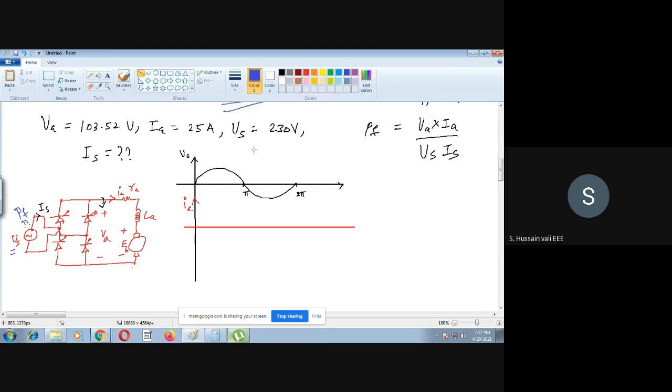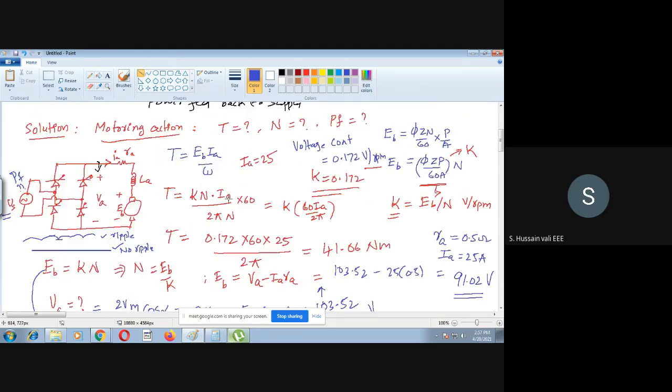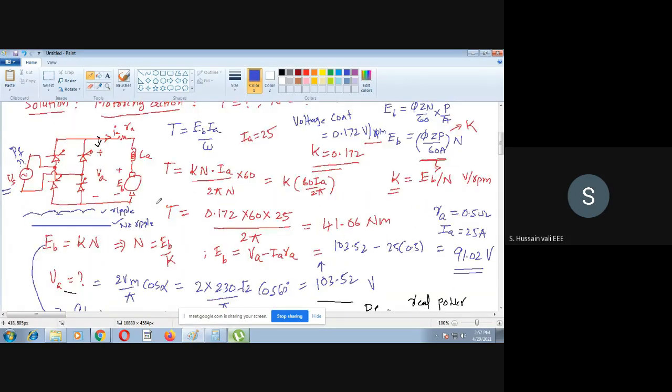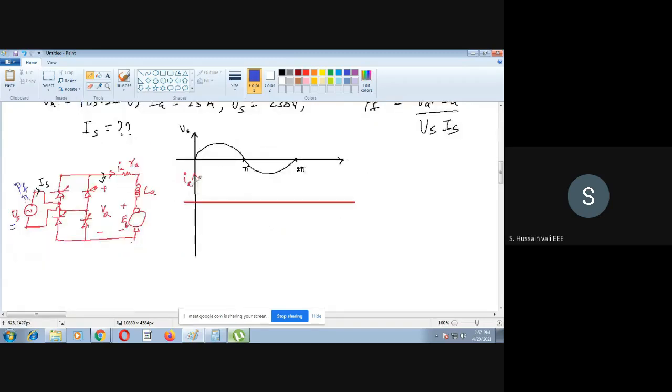Let me go to the question here. What he said now, see this line: to make the current continuous and ripple free. It means the motor armature current is continuous and ripple free. That's very important.